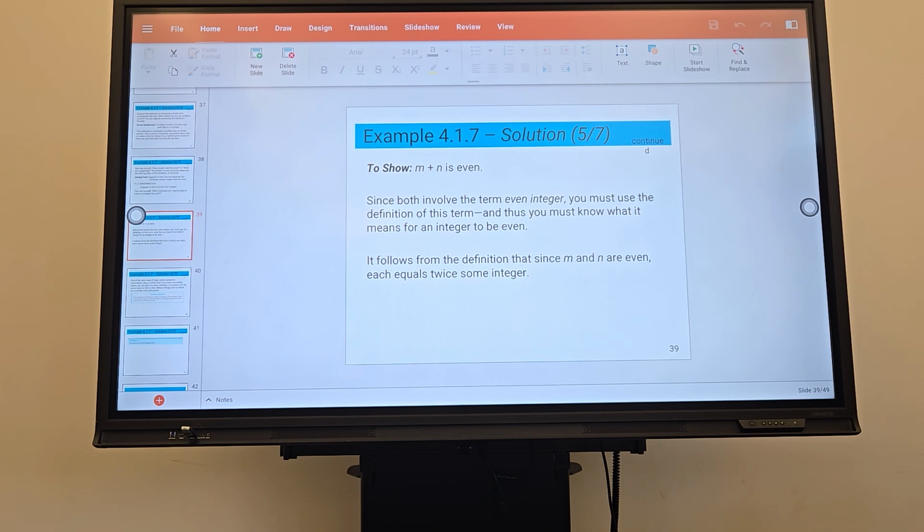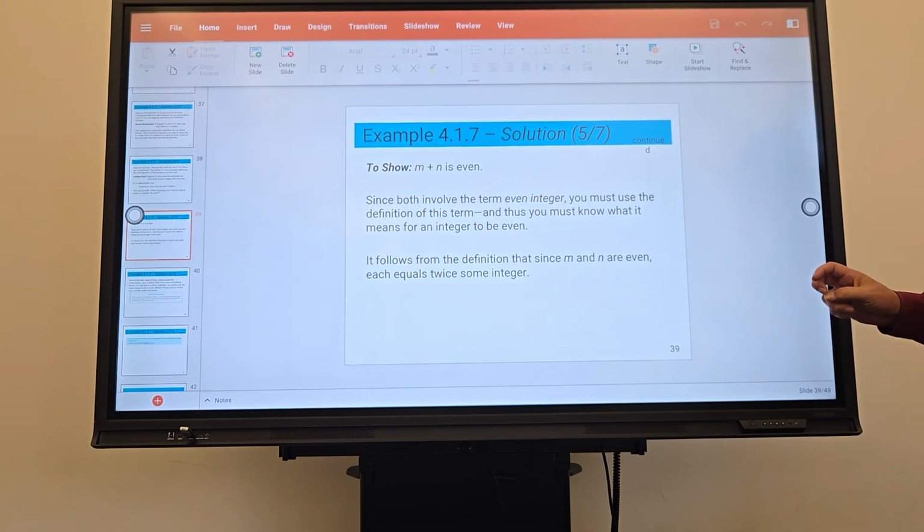Since both use the term even integer, you must use the definition of this term. It follows from the definition that M and N each equal twice some integer.